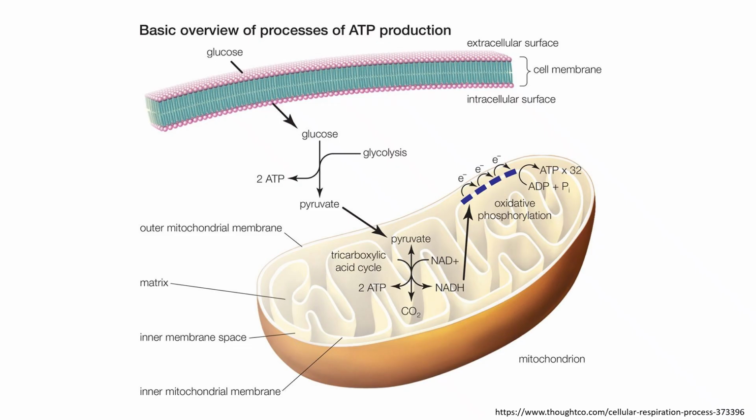So I like this picture because it gives not only a reminder of that lipid bilayer, but also of the basic processes. Like you have glycolysis outside of the mitochondria. Then you have the citric acid cycle, also known as the Krebs cycle, right there in the center. And then you have the arrow pointing to the electron transport chain up on the top right.